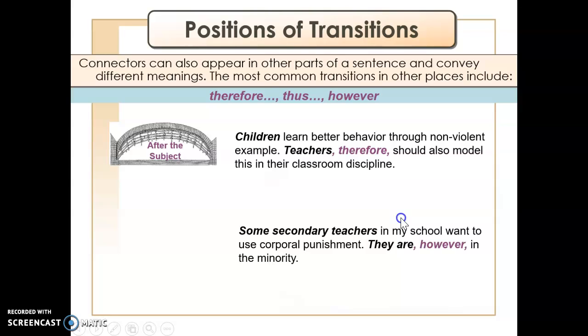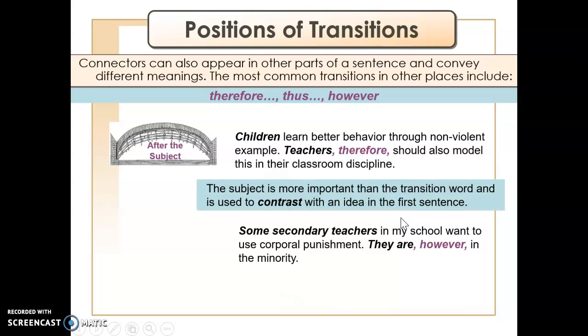Now let's take a look at why. So here in this sentence, when we say children learn better behavior through nonviolent example, teachers, therefore, should also model this in their classroom discipline. The subject is actually more important than the transition word and is used to contrast with an idea in the first sentence.